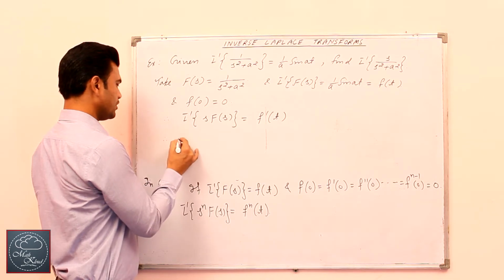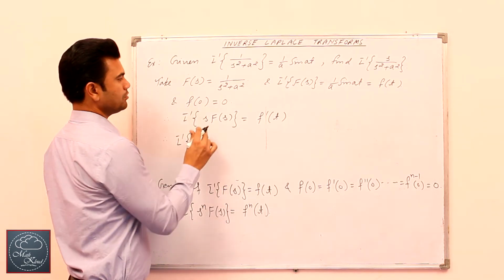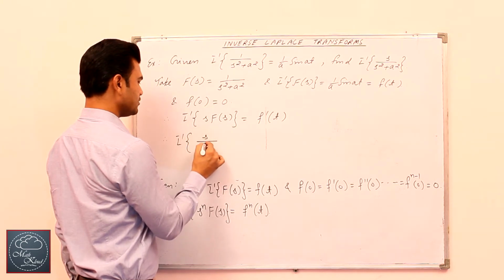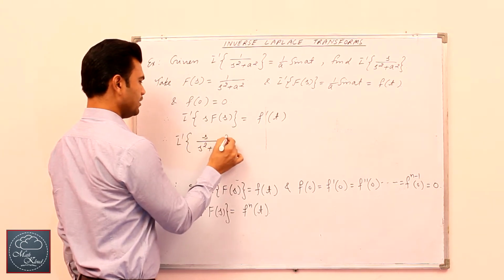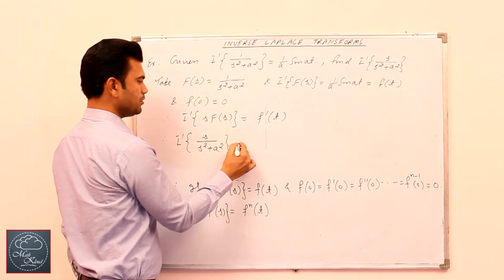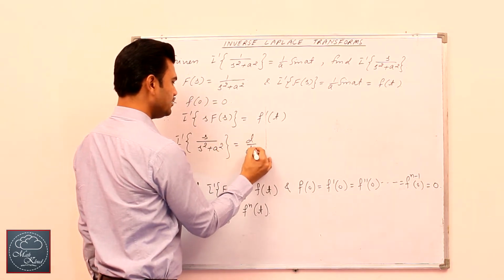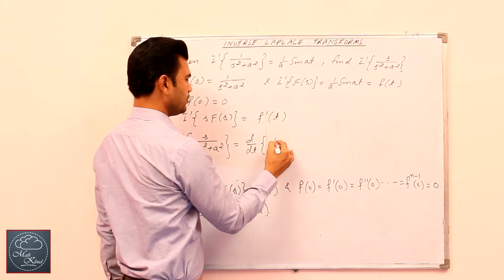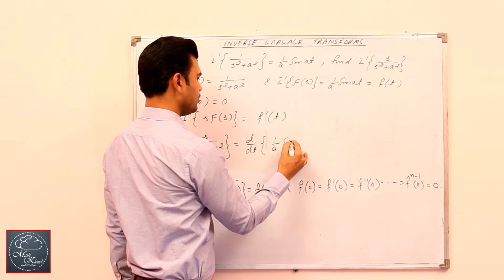So the inverse Laplace transform of s over s square plus a square, which is s into f(s), is given by d by dt of f(t), and f(t) is 1 over a sine of at.